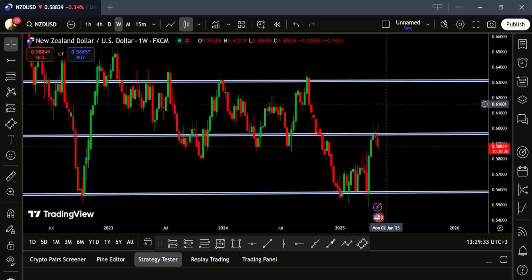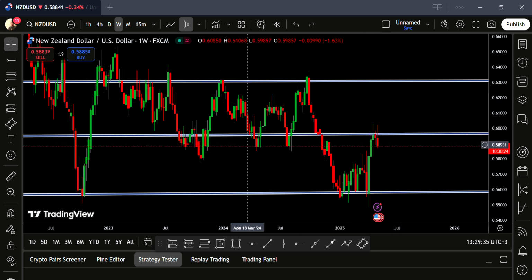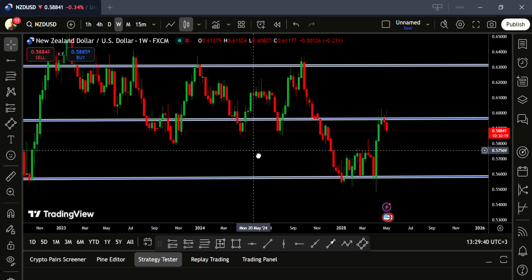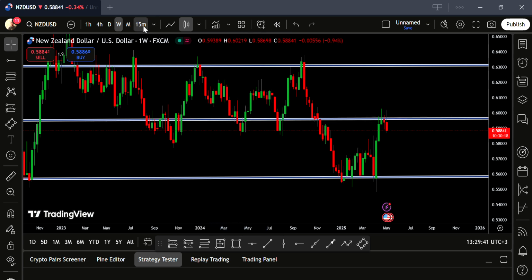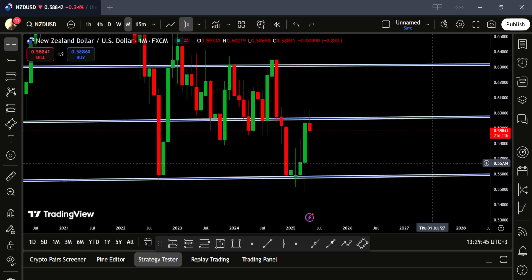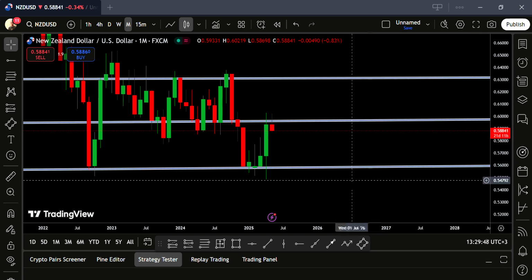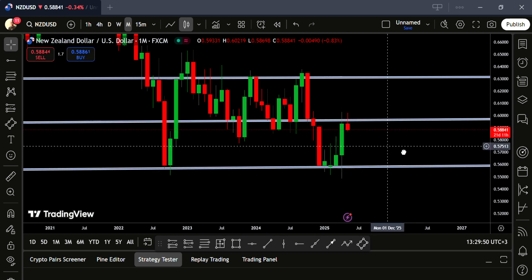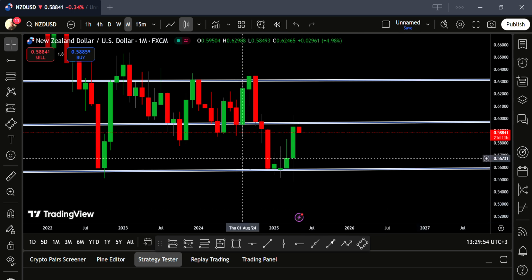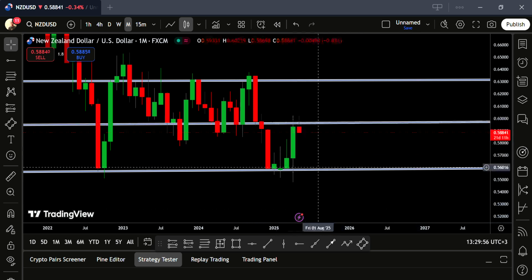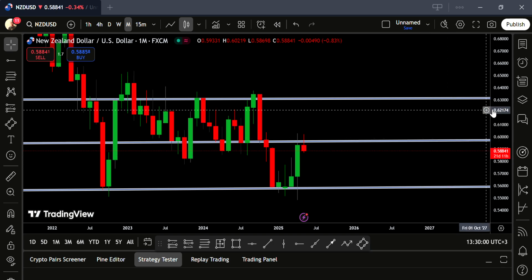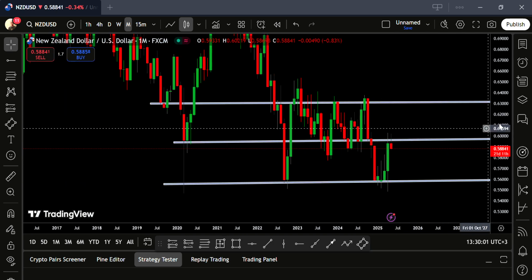So we are having NZDUSD, and we are seeing a long term sell on NZDUSD. We would want you to take advantage of it. As you can see, last month we bought NZDUSD up to around here, and that's just a retracement because we are in a downtrend.